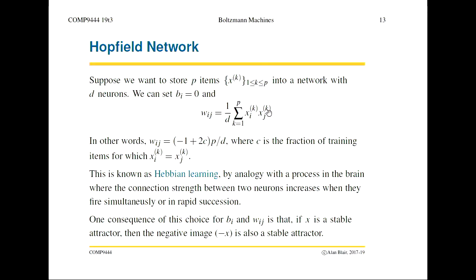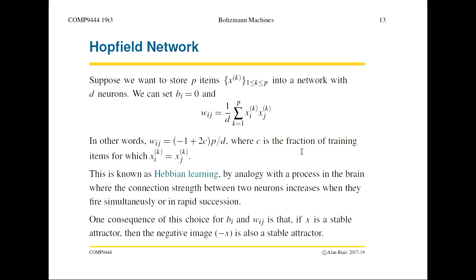So what this is saying is I look at image x^(k) and I look at the ith pixel, and then I look at the same image and look at the jth pixel, and I multiply them together, so I get either plus 1 or minus 1, and then I sum these values up over all the images.